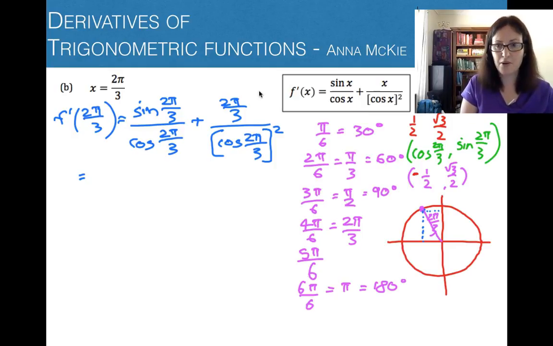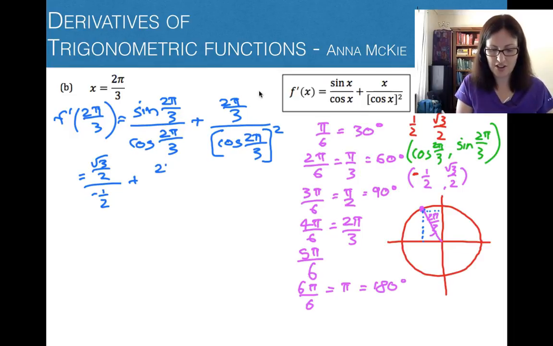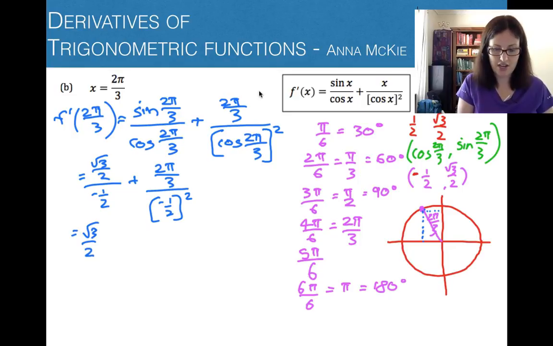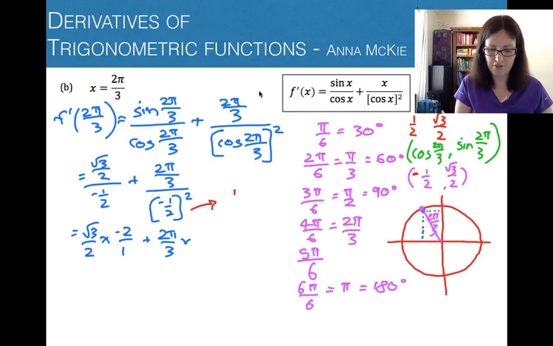Substituting those in, sine of 2 pi on 3, root 3 on 2, over the cos 2 pi on 3, negative 1 on 2. Substituting that in for the other parts, then we have negative a half all squared. Now flipping and multiplying our fractions again, root 3 on 2, take the denominator, flip and times, so negative 2 on 1, and over here 2 pi on 3, I will tell you that that squared becomes 1 on 4, positive, flip and times, and working them out.